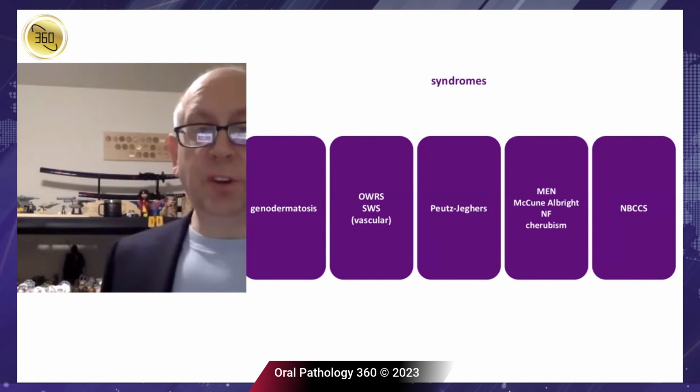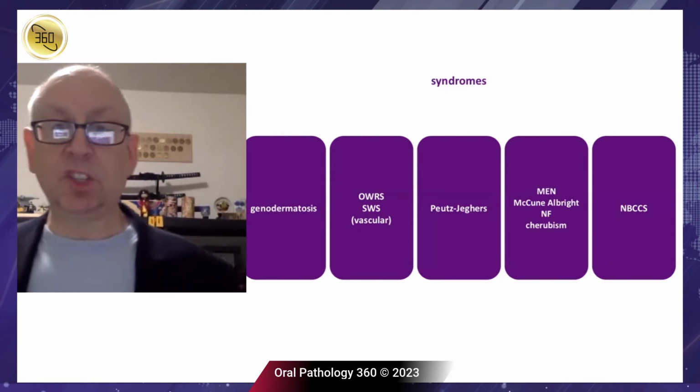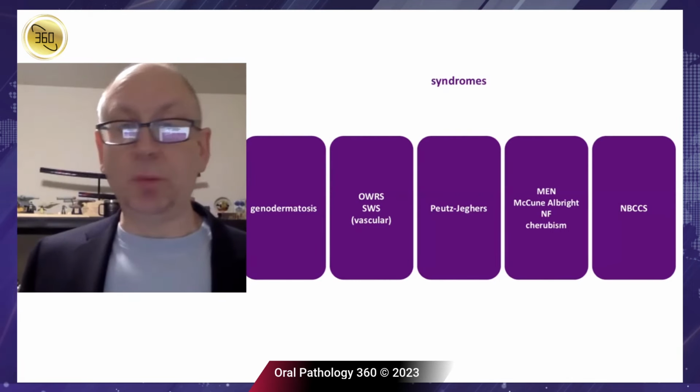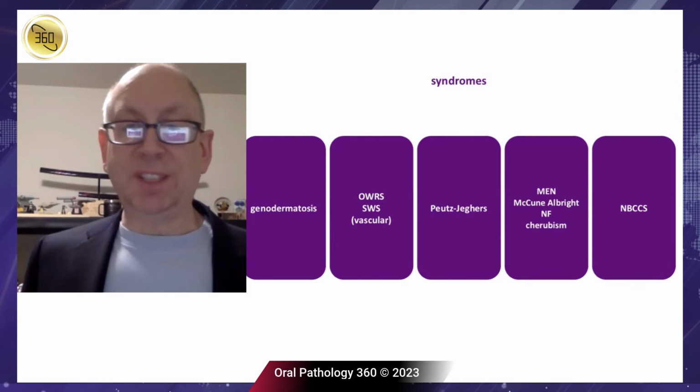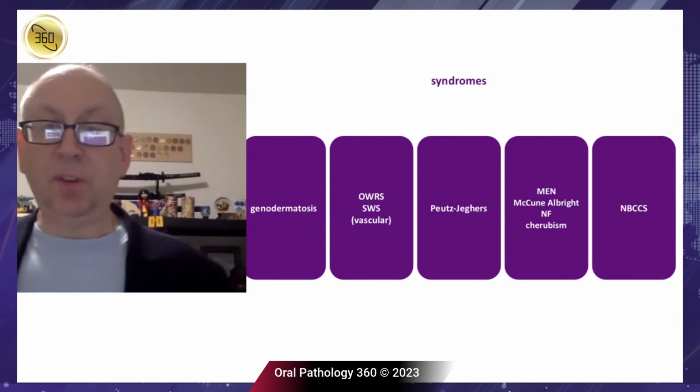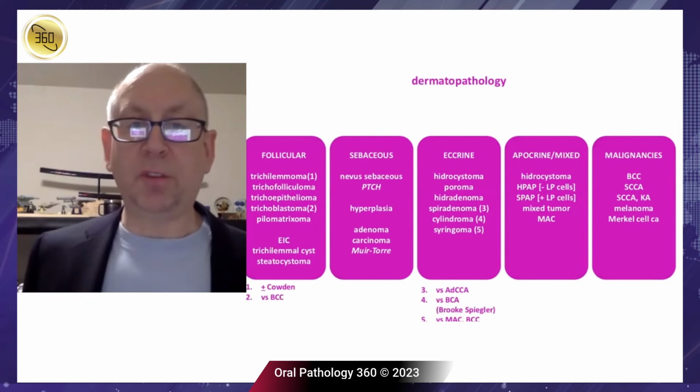Then we have a whole series of endocrine disorders that for some reason show up in the oral cavity as neuromas and neurofibromas. And then we have genetic diseases that show up as cysts in the jaws. And then we have the concept of, do the patients have nevoid basal cell carcinoma syndrome?